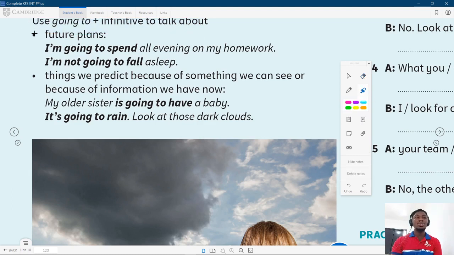We can use going to for the same thing. We use going to to predict things because of something we can see or because of information we have now. So if I have information now, I can predict the future with that information.